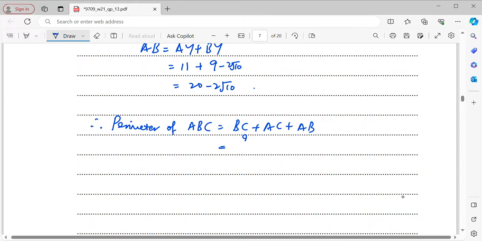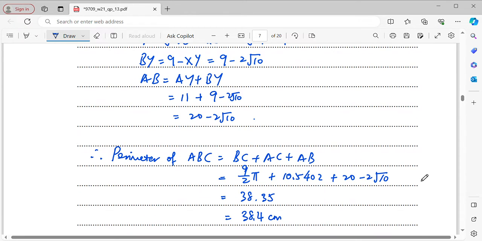Then you will be getting 9 over 2 pi plus 10.5402 plus 20 minus 2 square root 10. When you calculate the value, it will be 38.35. Then round to 3 significant figures, it will be 38.4 centimeter. So that's the perimeter of ABC.